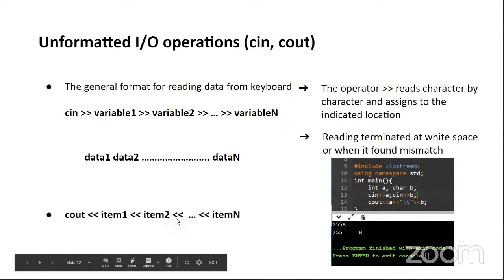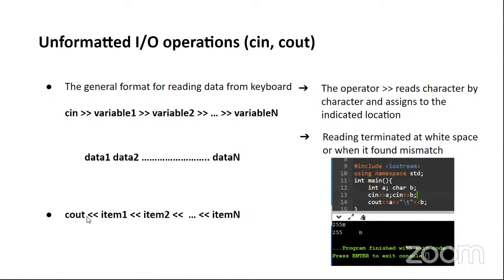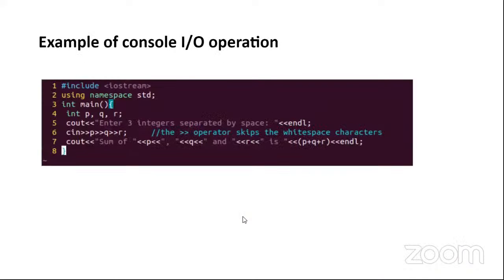For the output, the cout format of the syntax will be in this way: cout, this insertion operator, item1 and so on. This is some example of console IO operation.